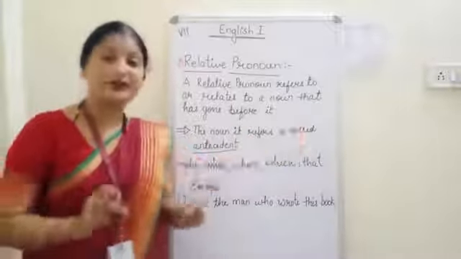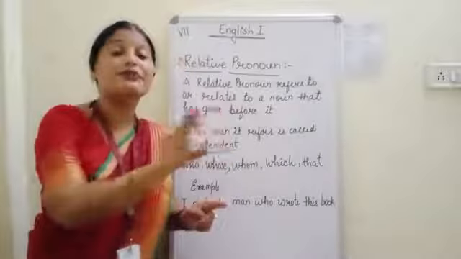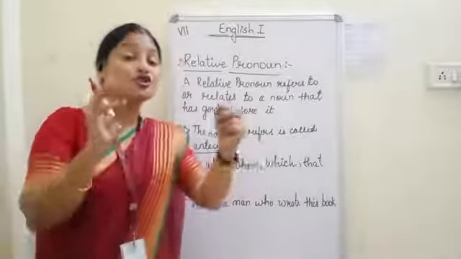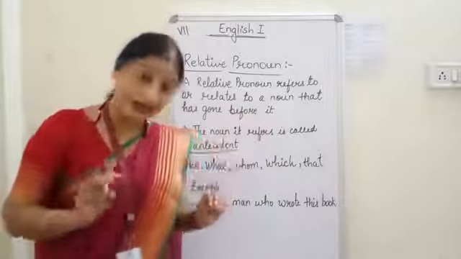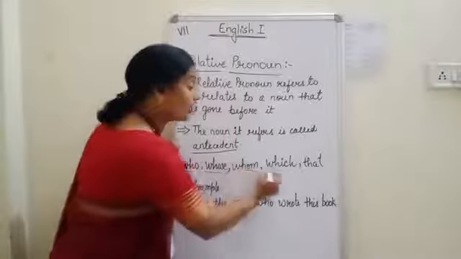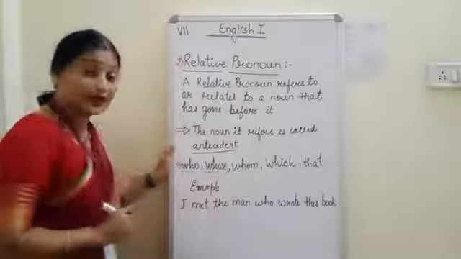So wherever we see that these words are coming in between, if these words are joining your two nouns, then in that situation these words will be called the relative pronoun.